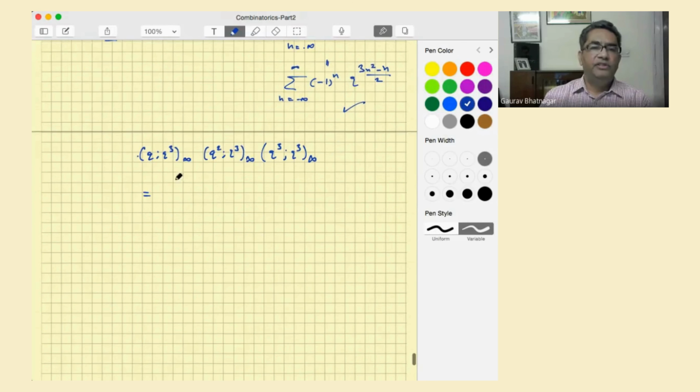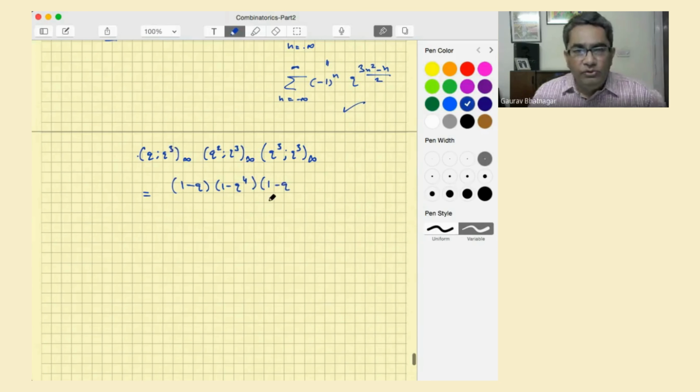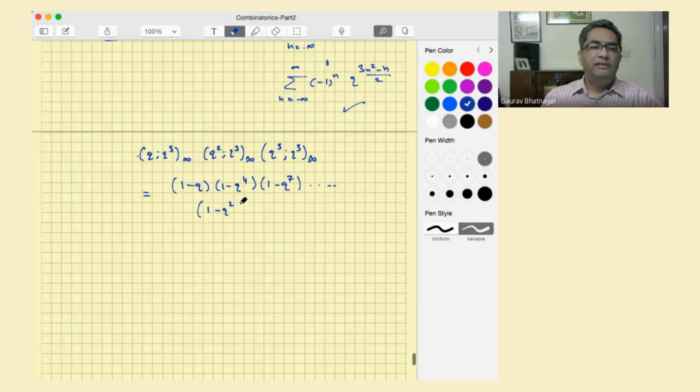So what is this? The first one is 1 minus q, 1 minus q^4. So the base is q cubed, so you multiply each term by q^3. So that's the first guy. Then the second guy is 1 minus q squared, 1 minus q^5, 1 minus q^8, and so on.